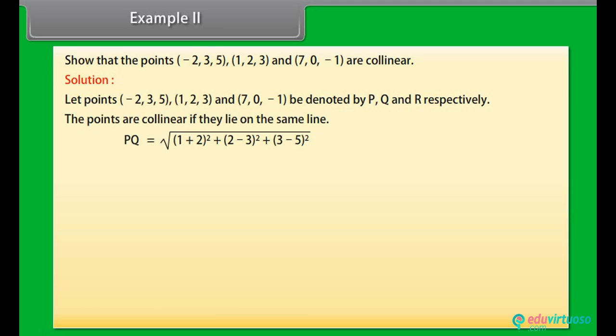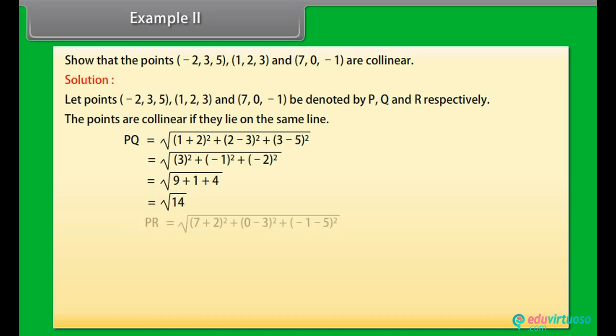PQ is equal to square root of 1 plus 2 square plus 2 minus 3 square plus 3 minus 5 square. After calculating PQ, we get square root of 14. PR is equal to square root of 7 plus 2 square plus 0 minus 3 square plus -1 minus 5 square.